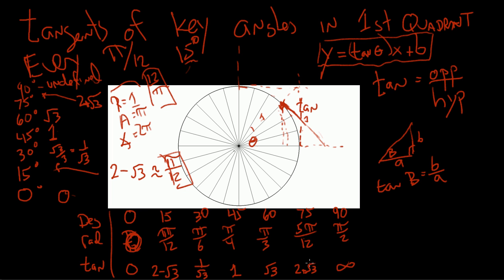And finally, for approximation, remember that for a small angle, 2 minus the square root of 3 is about pi over 12, because the tangent or the sine of a small angle is the small angle.